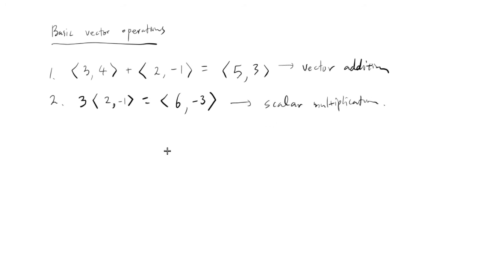In fact, any object that has this property of being able to add them, and you have some way of multiplying a number to it, scalar multiplication, well, there are some other basic axioms that come with it. So if you write down all the properties that addition should have, one of them being that you can commute them, like if you have vector u plus vector v, that's the same thing as switching them around and saying v plus u.